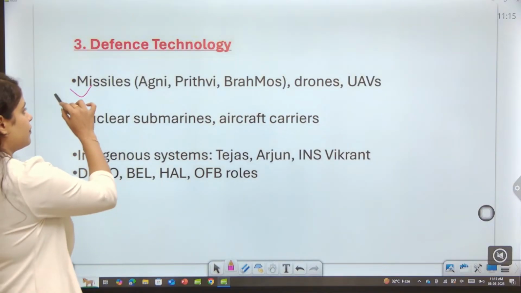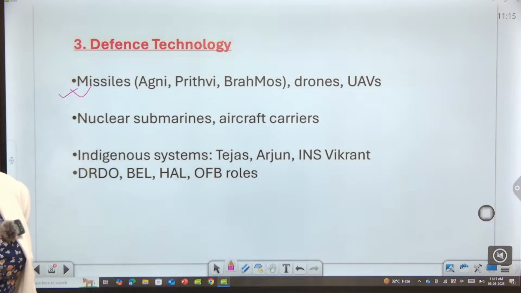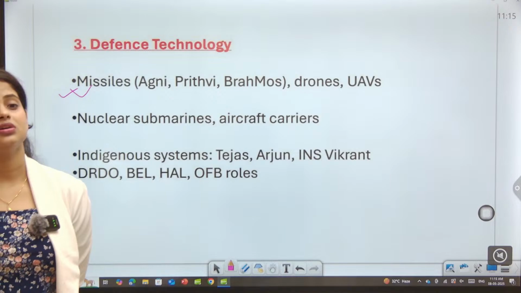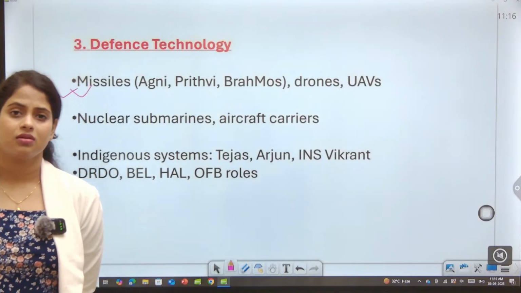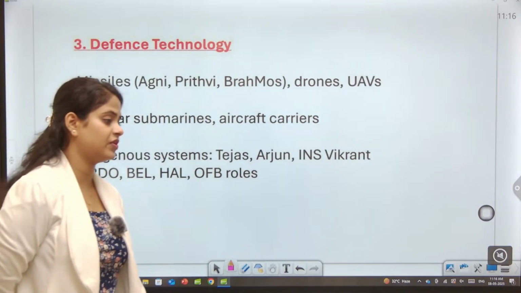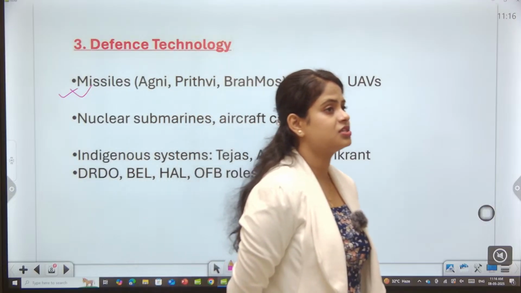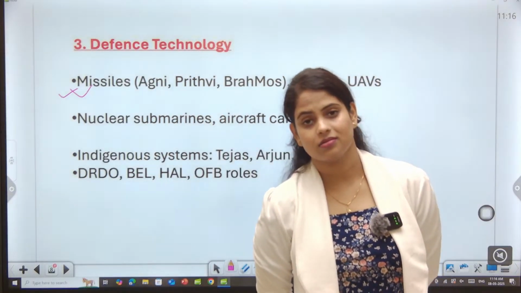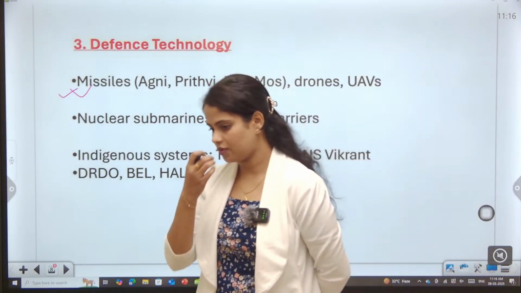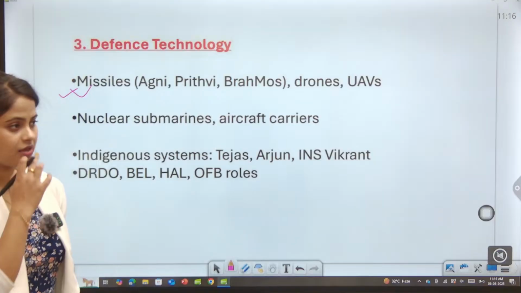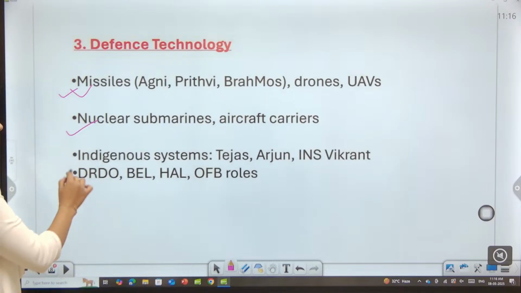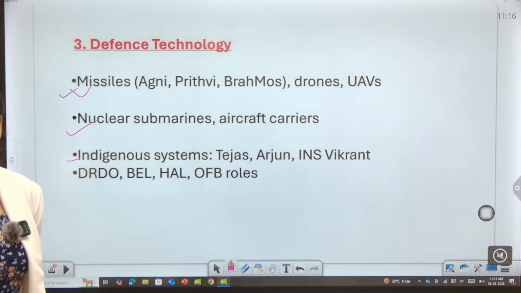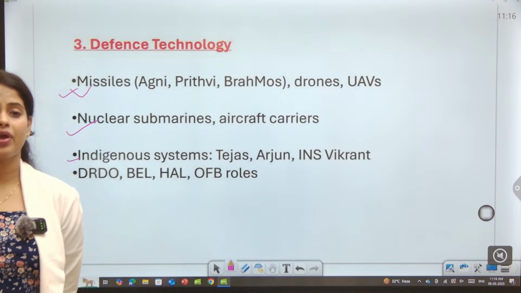So defense technology is about the missiles, the submarines, the aircraft carriers, everything we will study in defense technology, like the indigenous building capacity of India and what India has developed in collaboration with other countries. The nuclear submarines, the aircraft carrier, and the indigenous systems like Tejas, Arjun, INS Vikrant, DRDO, BEL, HAL, and the OFB roles.